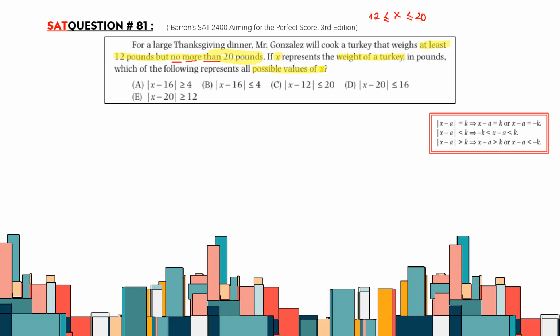More than 20 is strictly greater than 20, so no more than 20 pounds means X is less than or equal to 20. At least 12 means X is greater than or equal to 12. Okay, so those are the two keywords we need to know.